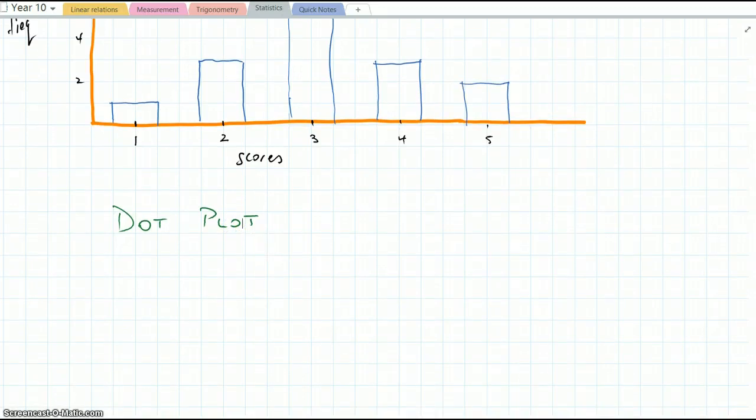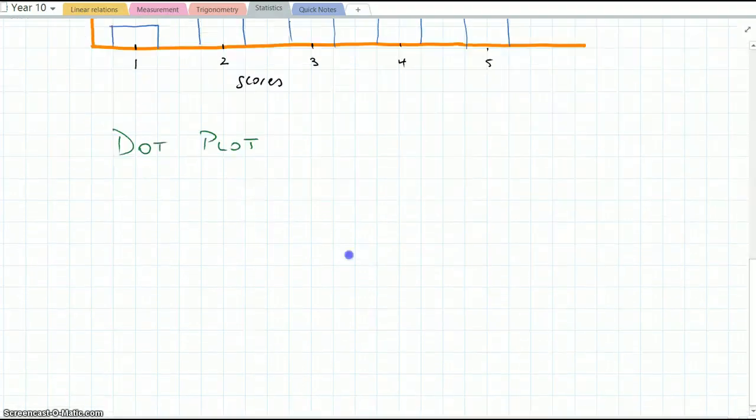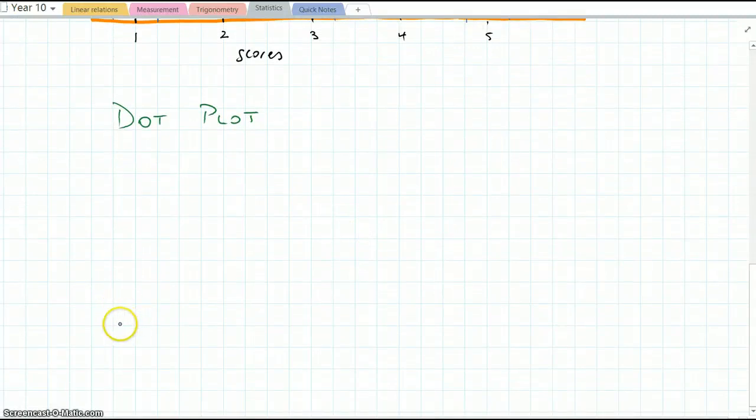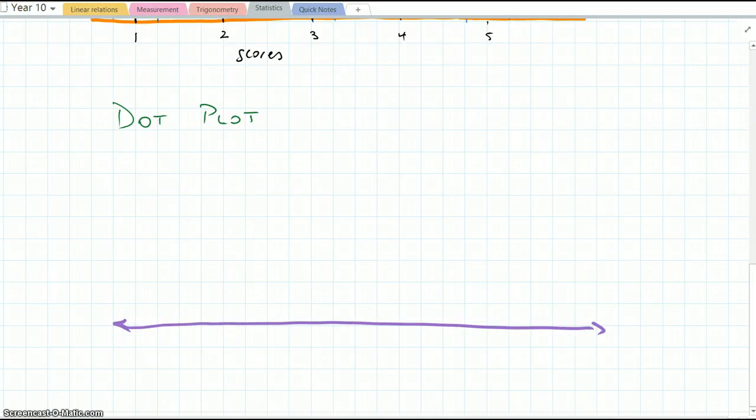Now in a dot plot, we just have a horizontal axis, and along that horizontal axis we put our scores. 1, I'm going to have a gap of 3, 2, 1, 2, 3, 1, 2, 3, 4. Again, it's just 1, 2, 3, 5. I'm just labouring that point, but you do need to make sure you space your scores evenly along your axis.